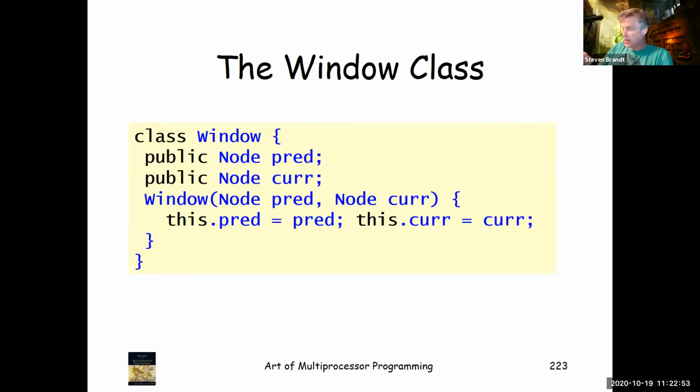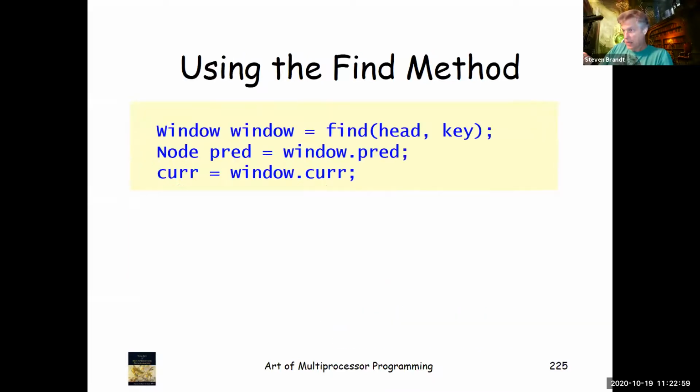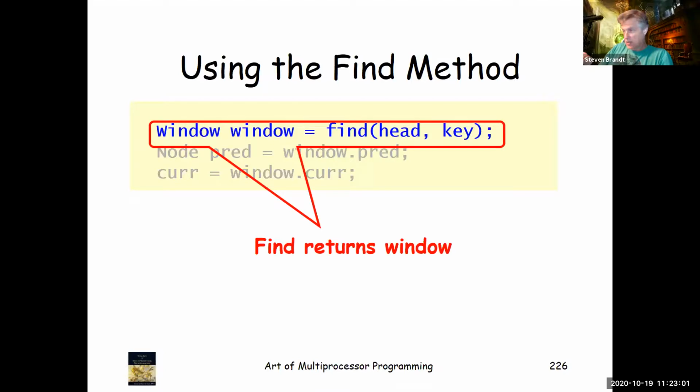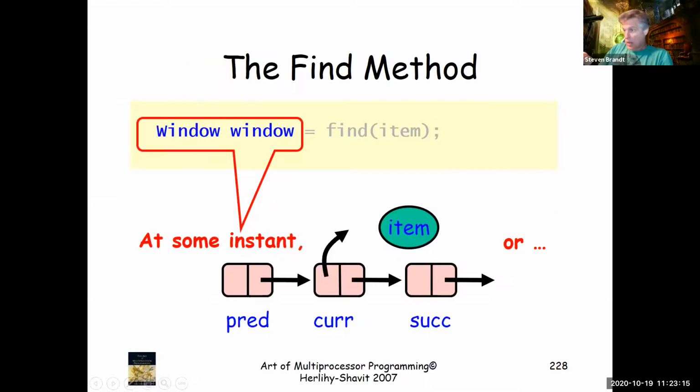First, we're going to create a thing which we call a window class, which is going to have a predecessor and a current in it. And there's going to be a find method where we take a head and a key that we're looking for. And that's going to go through the list for us. And once we have a predecessor and a current, we're going to extract them from the window. So first we do the window, and we find at some instant we have a predecessor and a current.